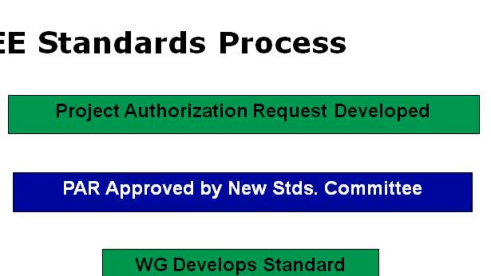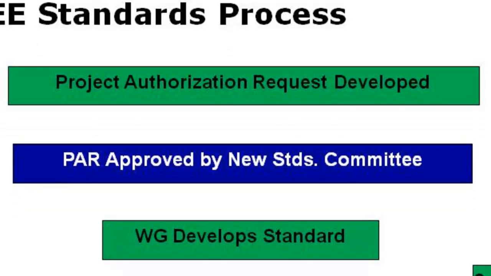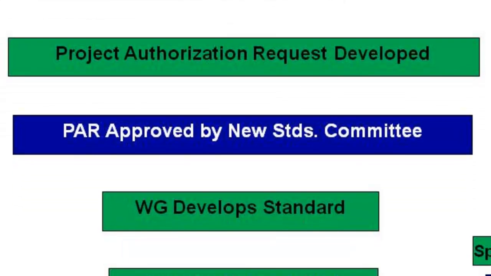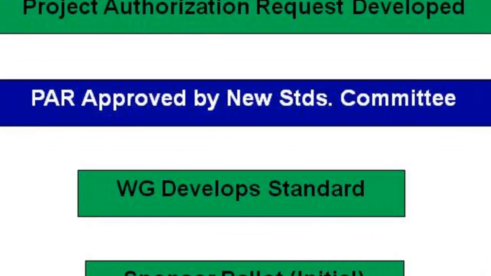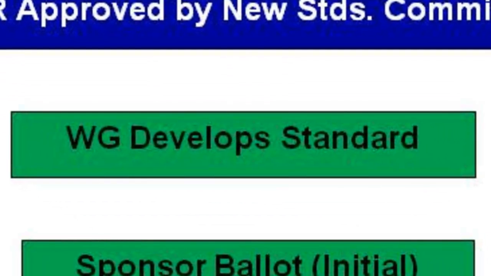Once that happens, the PAR is approved by the new standards committee, often called NESCOM. And once the IEEE NESCOM approves the PAR, the working group develops the standard. This is where the effort happens. What the material being standardized is, and what form it's in, will determine the amount of time that's used.